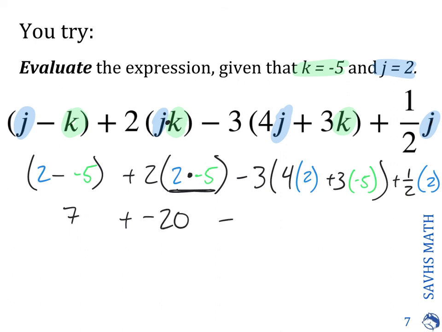Minus, okay, inside the parentheses I have 8 plus negative 15, which is negative 7. So now I have negative 3 times negative 7 is positive 21. And then 1/2 times 2 is 1. Okay, so then left to right we just read this way. 7 plus negative 20, use your calculator, 7 plus negative 20 plus 21 plus 1. And my answer is 9.